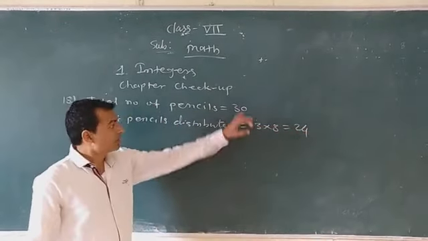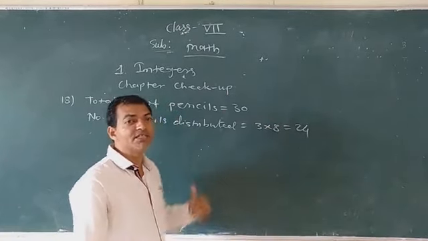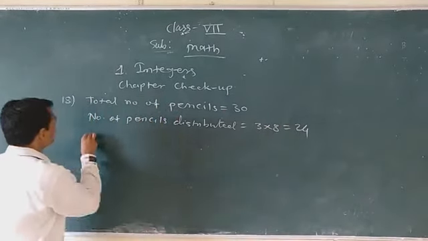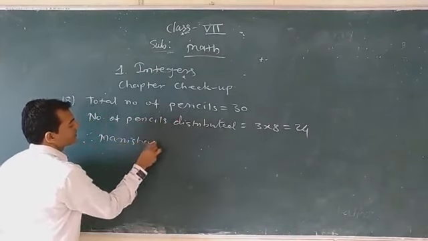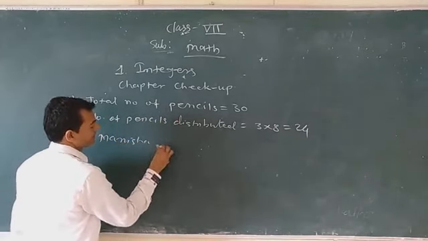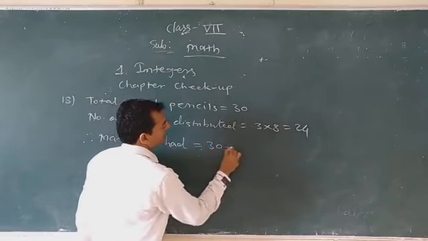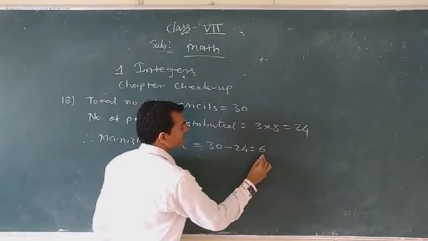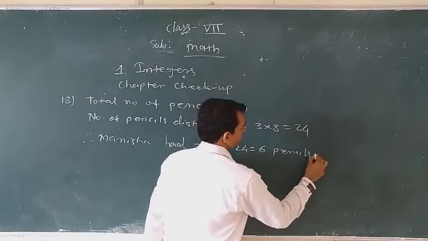So out of 30, 24 pencils are distributed. How many pencils are left? Okay. So therefore, Manisha had 30 minus 24 is equal to 6 pencils left.